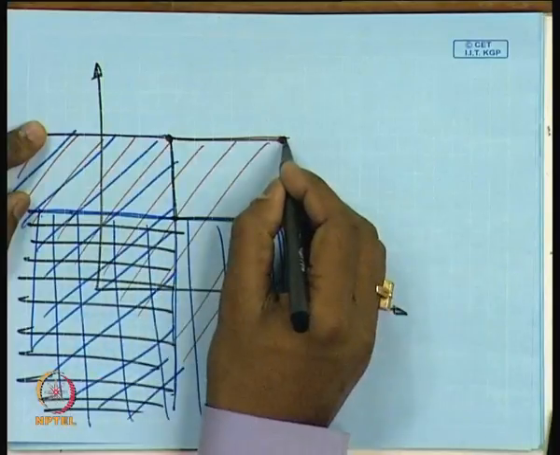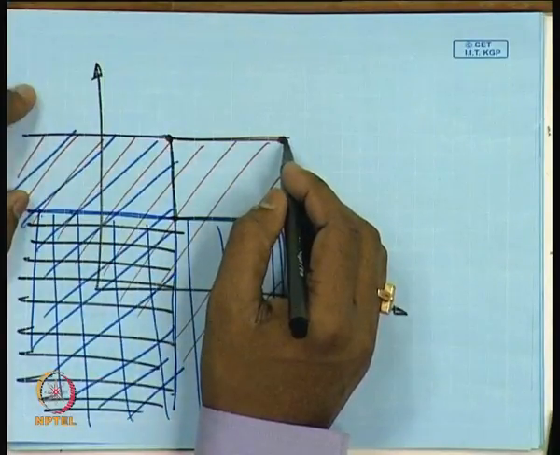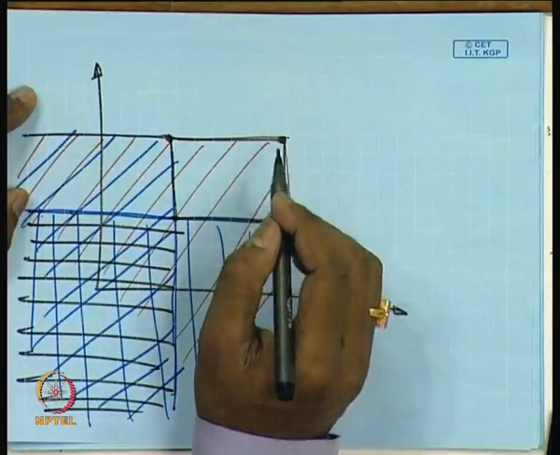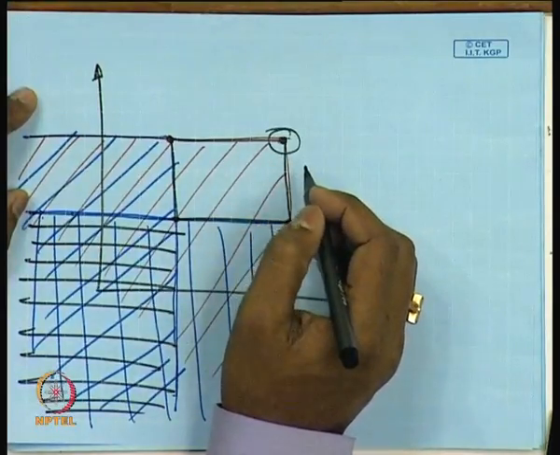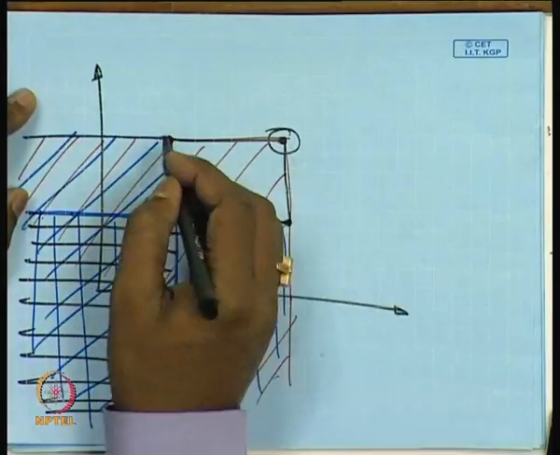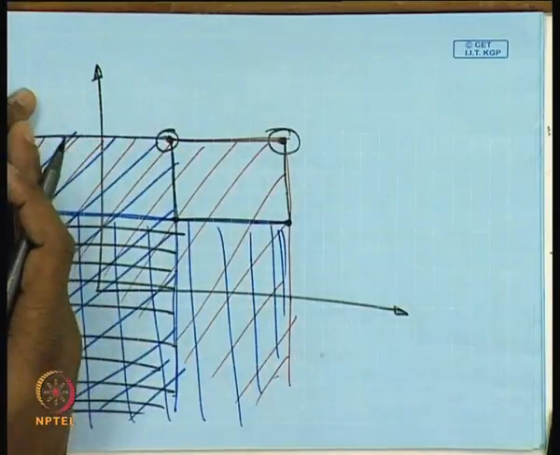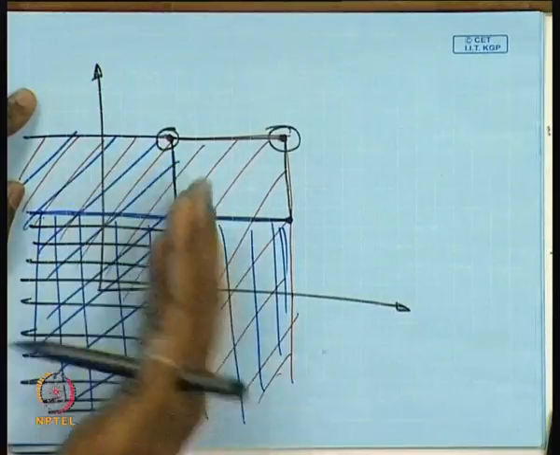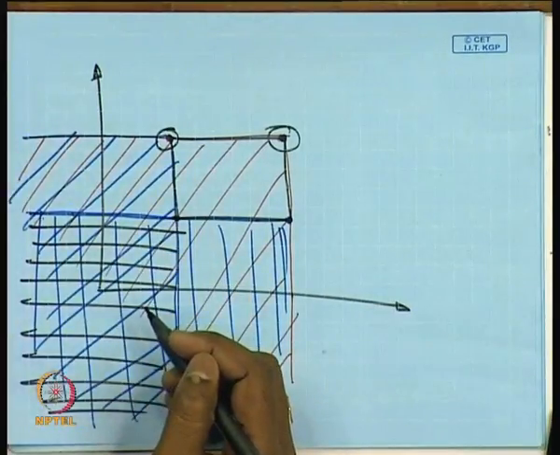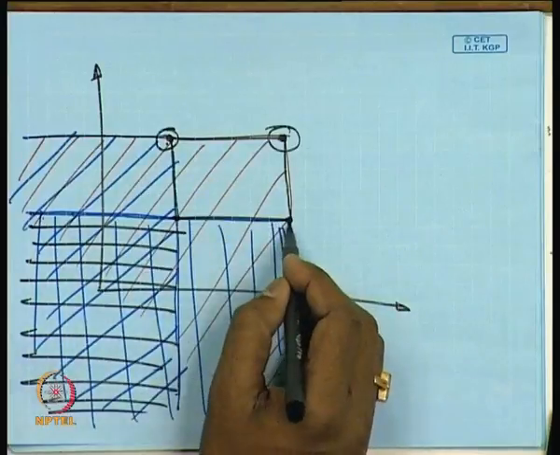So that is why the total volume under the PDF, the probability density function, up to this point, minus the total volume under the PDF up to this point. So this area I have first deducted, then this area is again deducted, then I have to add this area because it has been deducted twice while deducting this point and this point.